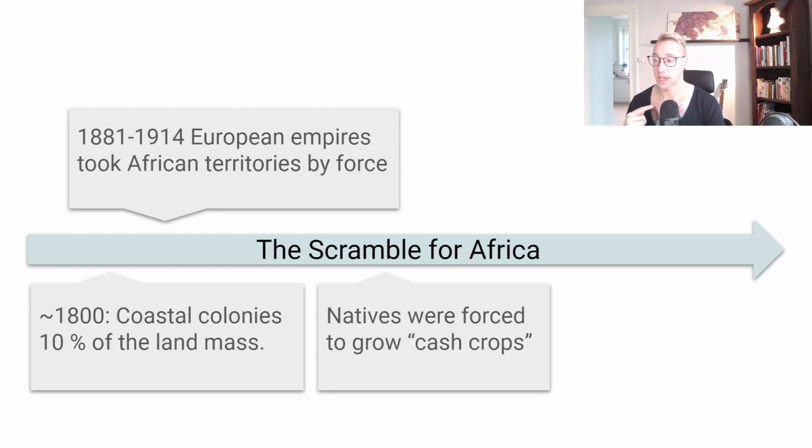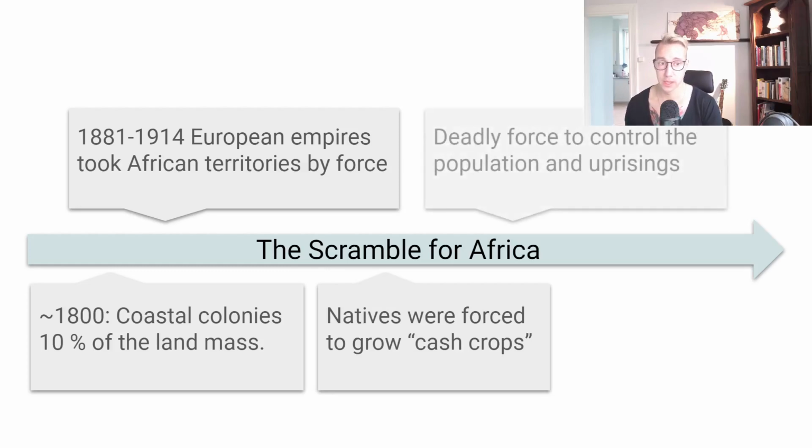And this was a bloody history. Here there are lots of atrocities. People were put into slavery. There were plenty of cases of horrible bloodbaths that we're not going to cover today, but just for your information, this was not friendly.